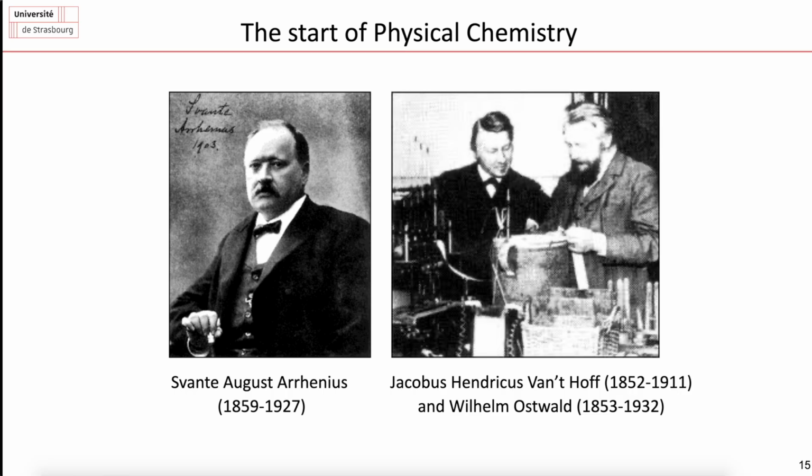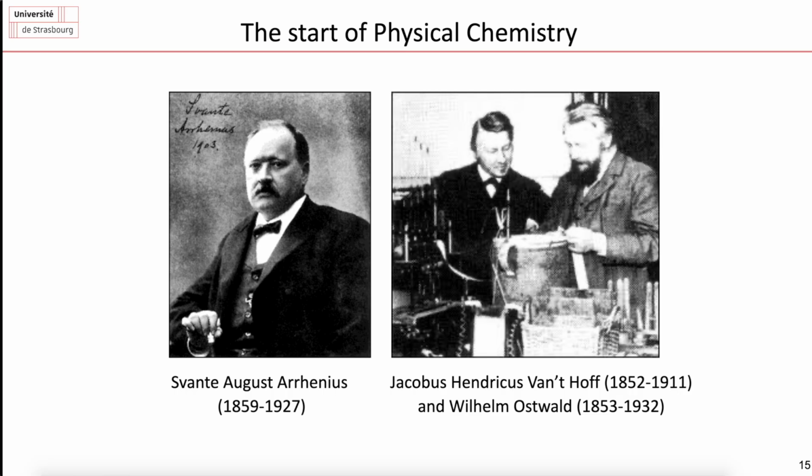So Van 't Hoff, he was a Dutch chemist. He worked in the Netherlands and in France, and then later joined Ostwald in Germany. And he has done many very important contributions to the field of chemistry and physics. So he worked on the first principles of stereochemistry. He worked on the thermodynamic description of osmosis and solution dynamics, and he received the Nobel Prize for Chemistry in 1901.